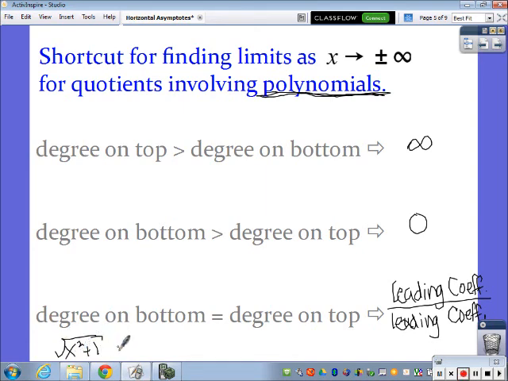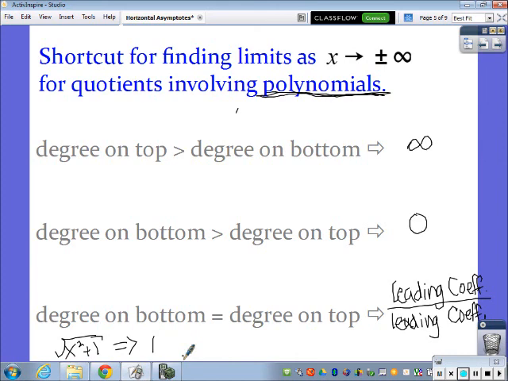However, when you are trying to figure out the limit as x approaches positive or negative infinity, the degree of this type of expression would be whatever you get if you did simplify. So the square root of x squared would be x, so that degree would still be 1.